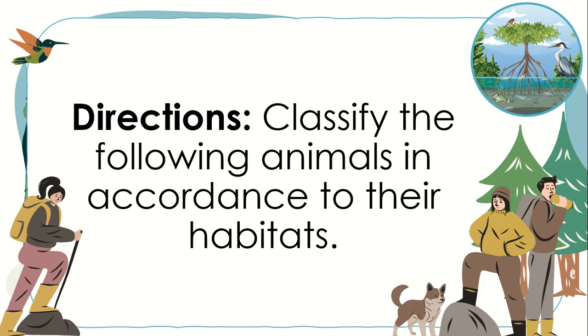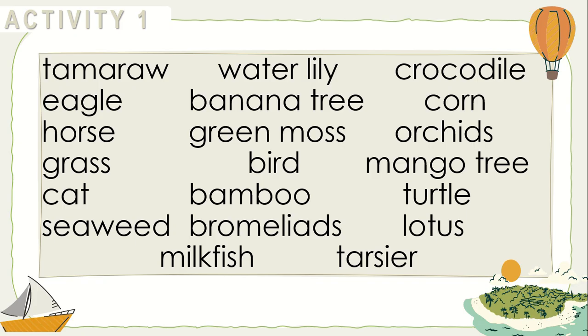Directions: classify the following animals in accordance to their habitats. We have tamaraw, eagle, horse, grass, cat, seaweed, water lily, banana tree, green moss, bird, bamboo, bromeliads, milkfish, crocodile, corn, orchids, mango tree, turtle, lotus, and tarsier.